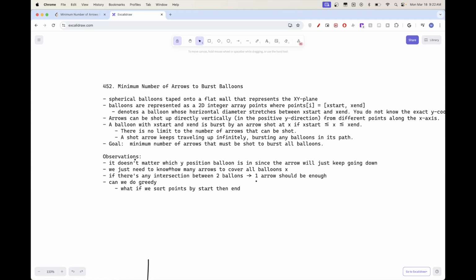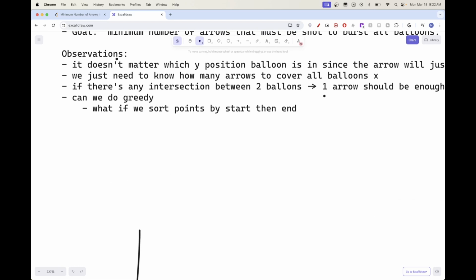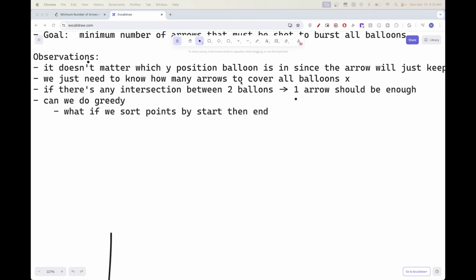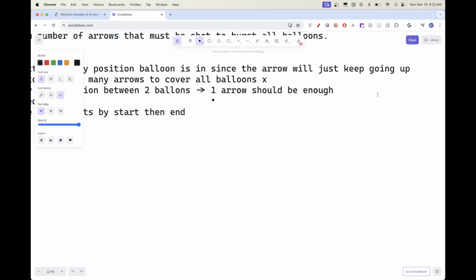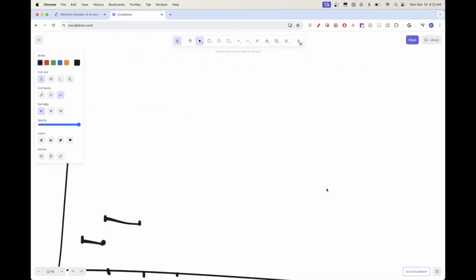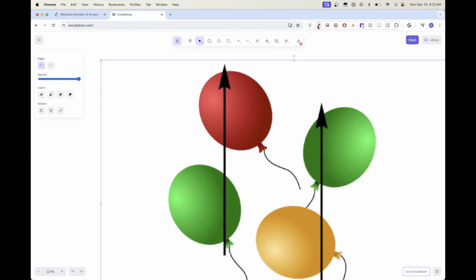Now some observations regarding this. The first observation is that it doesn't matter which y position the balloon is in. That's what I mentioned earlier, because the arrow will just keep going up. For this green one, if it was in this position, the arrow will still burst it.